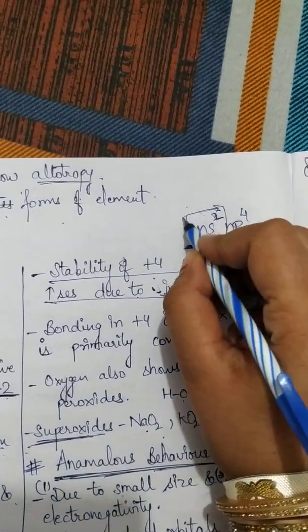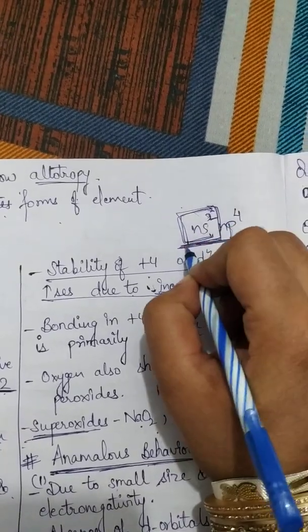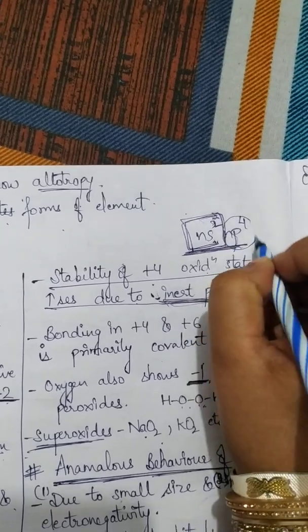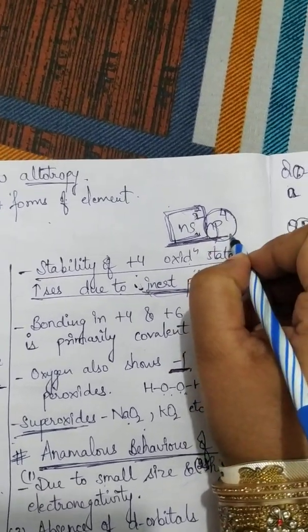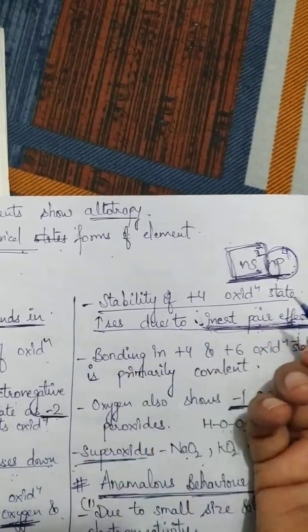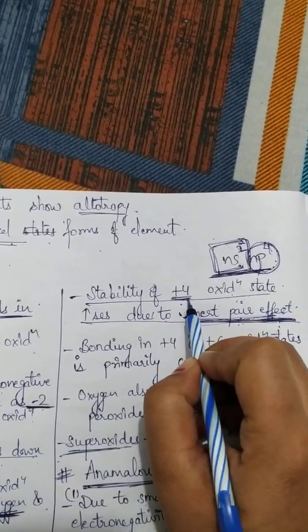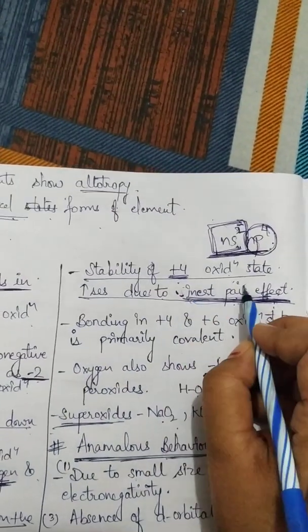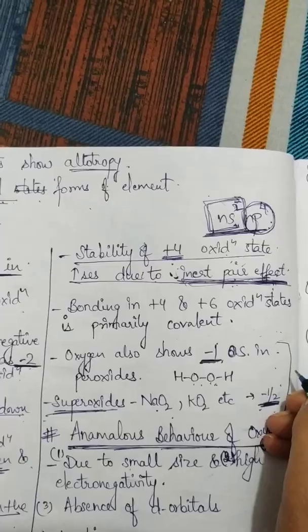So s electrons of these group elements do not participate in the bonding. So the only participating electrons are p electrons. These compounds show +4 oxidation state, and the stability of this +4 oxidation state increases down the group.